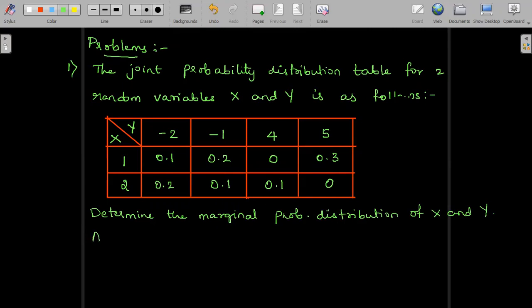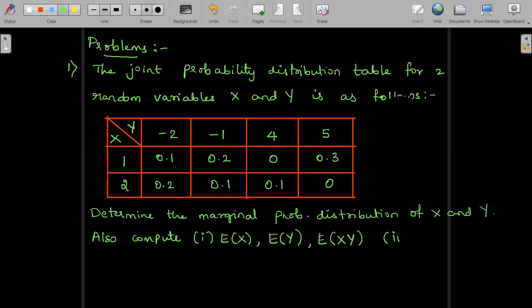We are also asked to compute the following. In that, the first one, expectation of x or mu x, expectation of y or mu y, mean values, mean with respect to x, mean with respect to y. We are also asked to find out E of x into y, E of xy, and these are all the expectations in the first case.